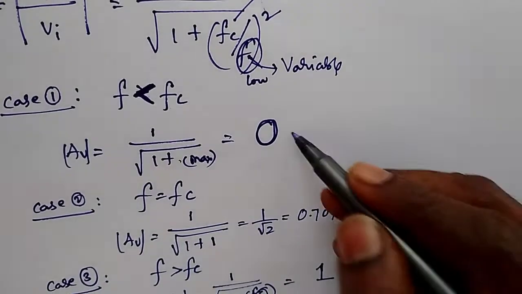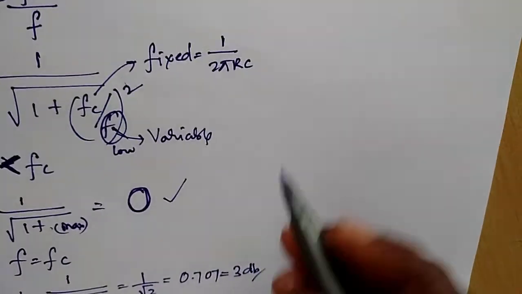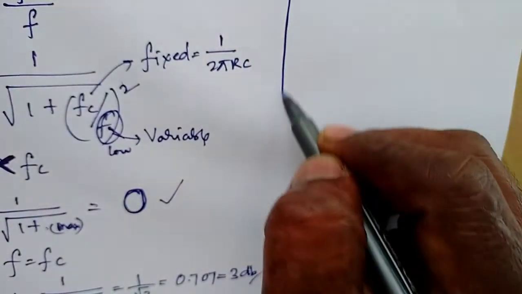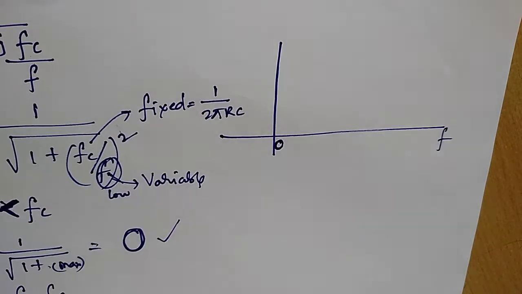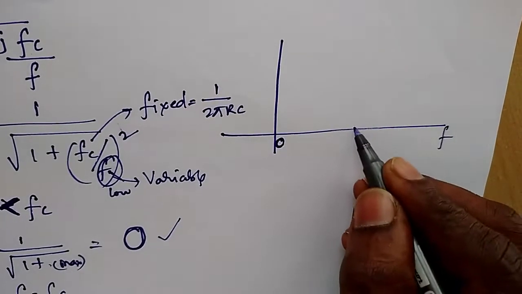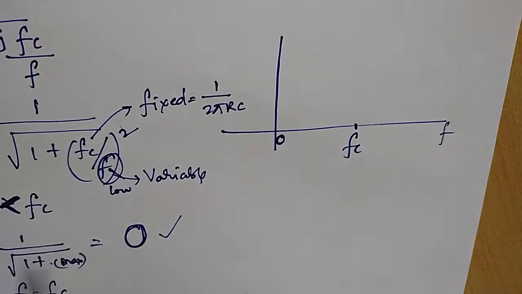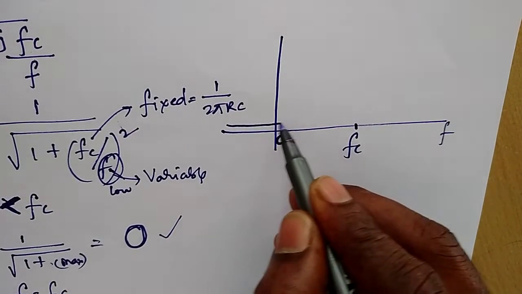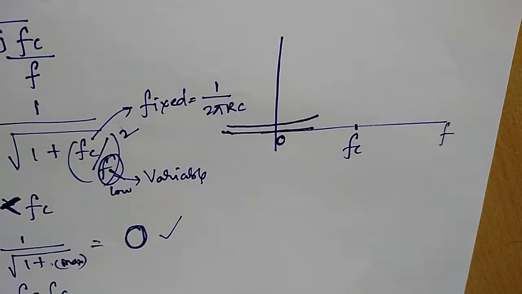So for this case initially we have low and high. Simply, in terms of the characteristics, on the x-axis you are taking frequency. The frequency is 0, less than FC, and at a certain level you have the FC value. In this condition F is less than FC, you are getting the gain low, in terms of 0.